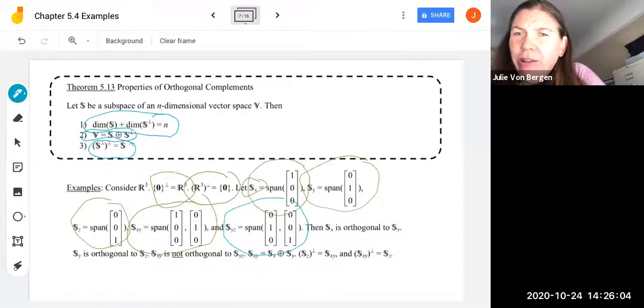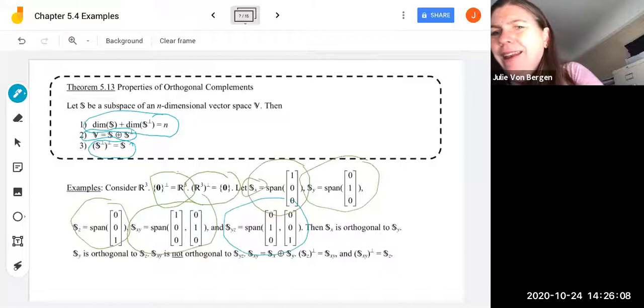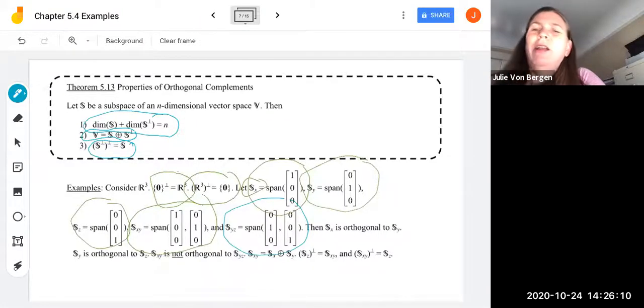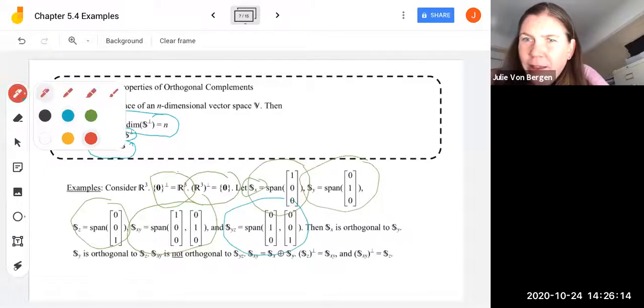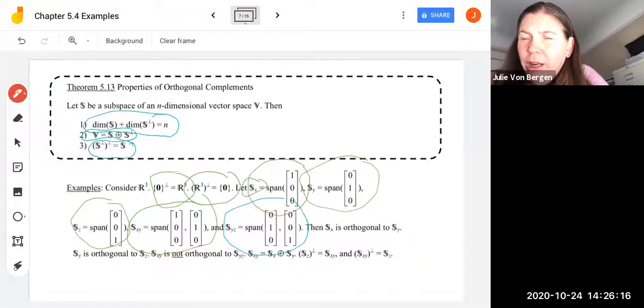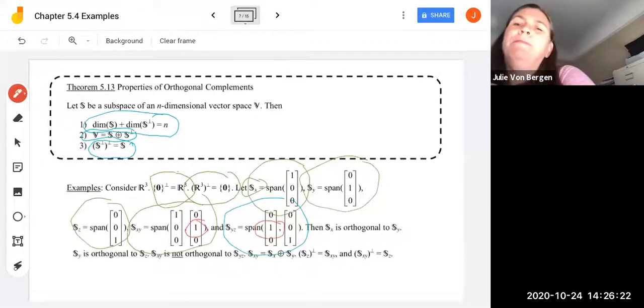So imagine if you did the dot product of elements in S sub xy and elements in S sub yz, you're not necessarily going to get zeros there, because in S sub xy you've got the 1 here in the y, and in S sub yz you've also got a 1 there in the y. So you wouldn't get the 0 if you did the dot product there.